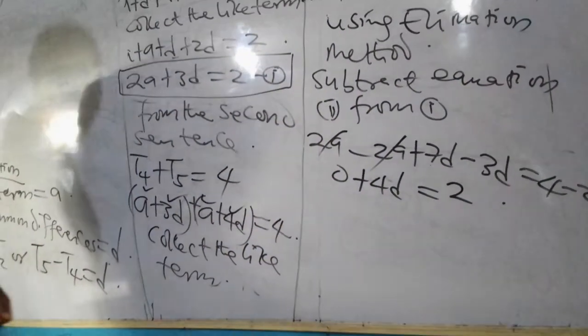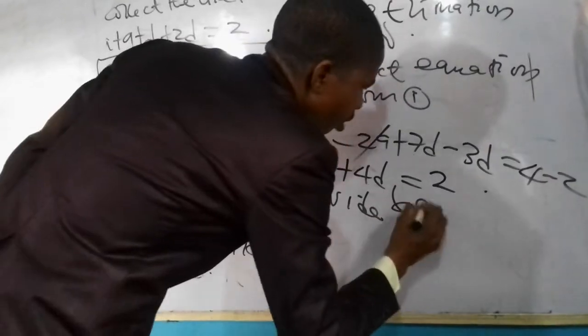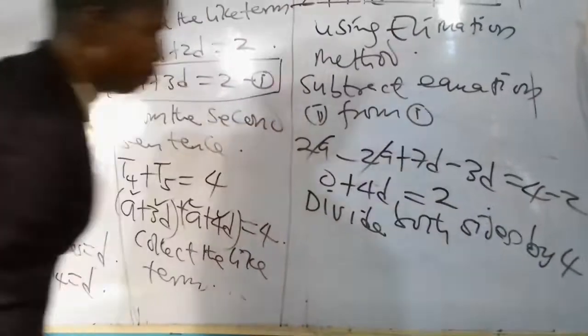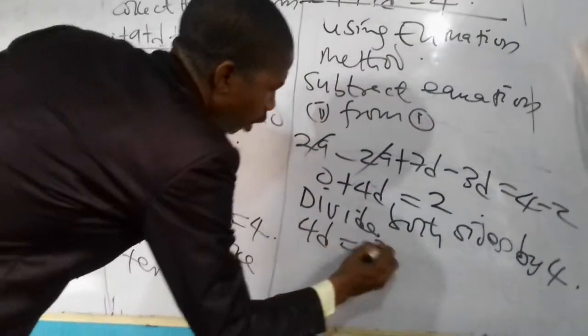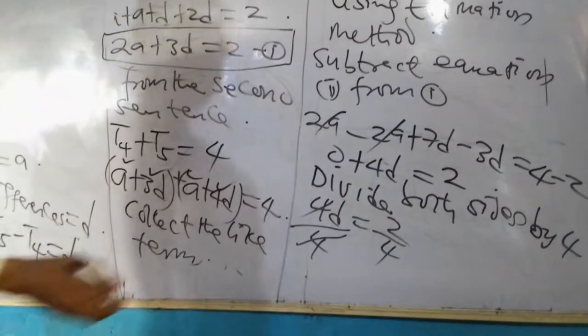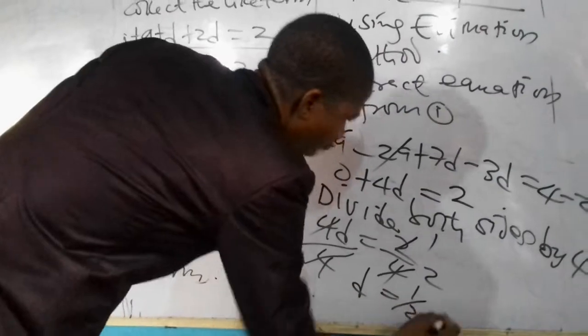We divide both sides by 4 to get our common difference. We have 4D equals 2, divided by 4 on both sides. 4 cancels 4, and 2 over 4 gives 1 over 2. Then our D is equal to 1 over 2.